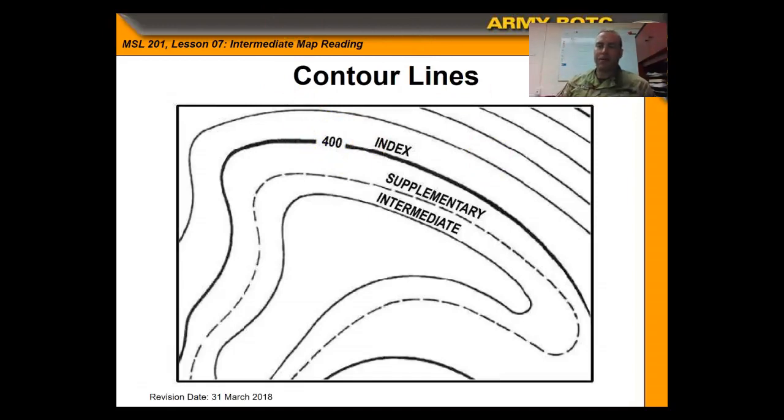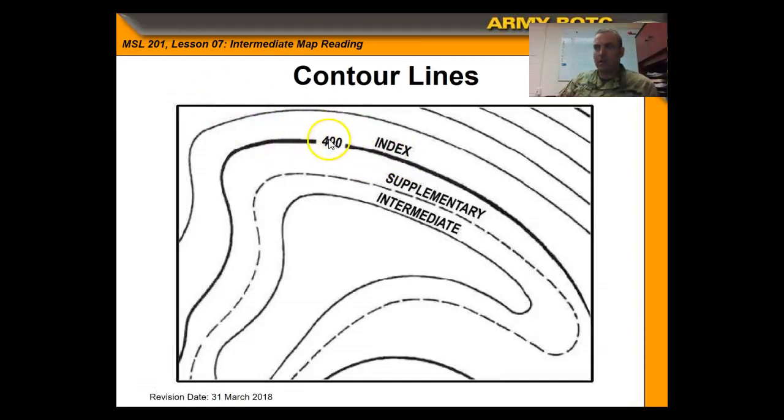The three types of contour lines used on the standard topographic map are the index, the intermediate, and your supplementary. So index: starting at zero elevation or mean sea level, every fifth contour line is a heavier line. If you look on a regular map, and I'll send you guys the PDF of the Fort Knox map, a miniature version of what I gave you guys, the big ones in class today, you'll see every 50 meters is a thick bold line.